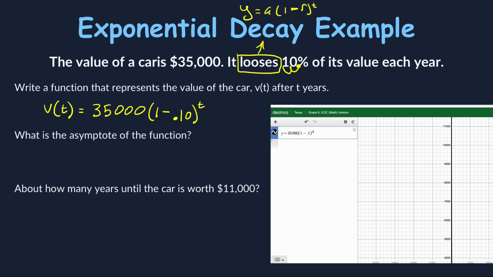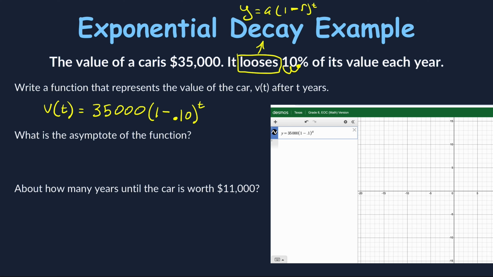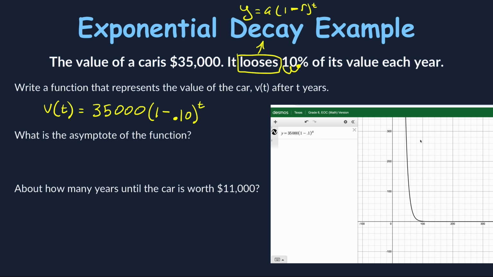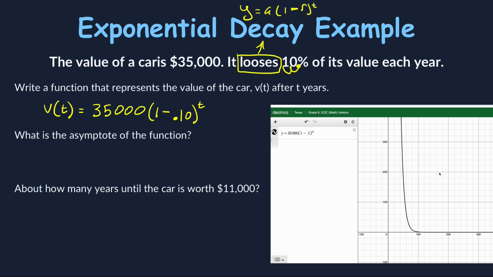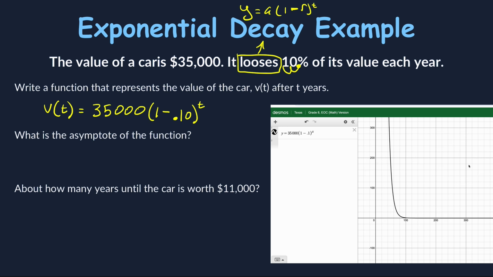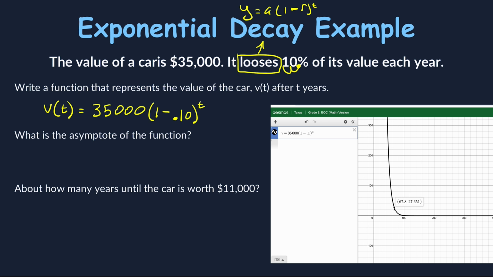And so let's try and find a good value here. So again, we see this time we're decreasing. And we want to know what the asymptote of the function is. So I'm looking, where does this graph look like it's stopping at? And it looks like I'm never actually touching 0, but I am getting really close.